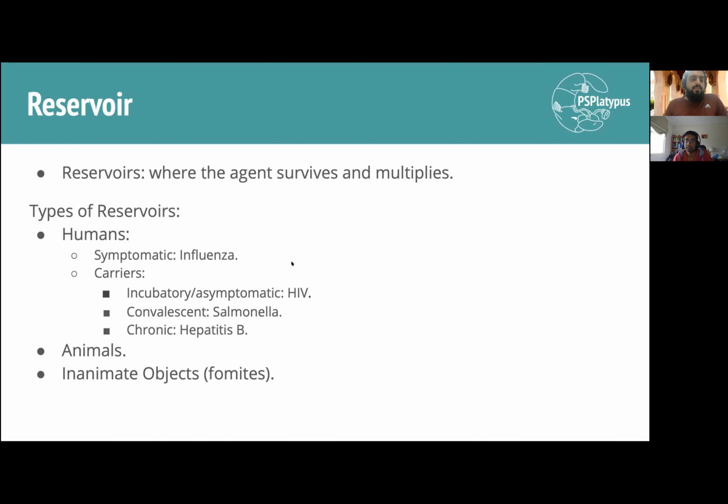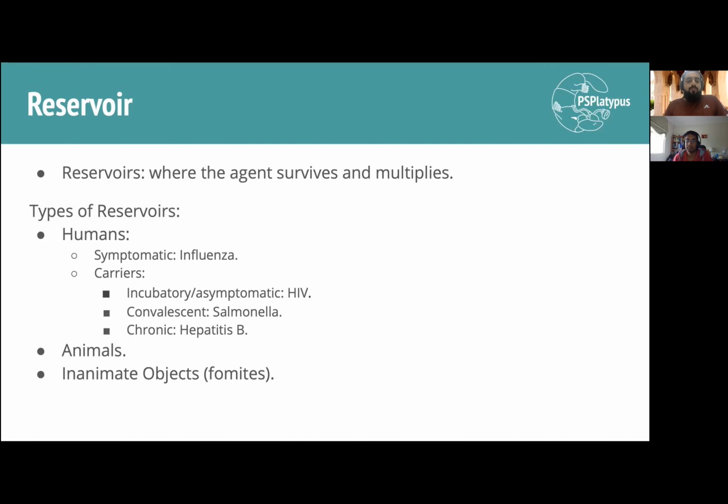These microorganisms in humans can be present and they can cause symptoms. So they can be symptomatic, like influenza, where we can actually see the symptoms or signs of these microorganisms, or the humans can be just carriers for these diseases.